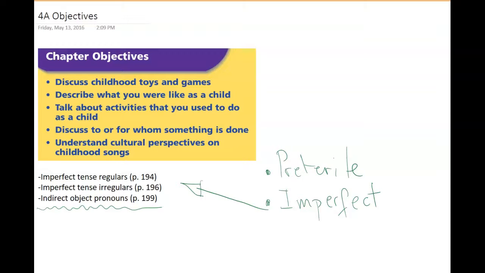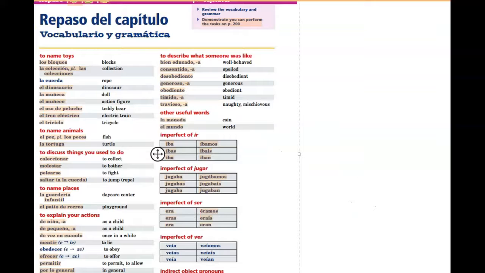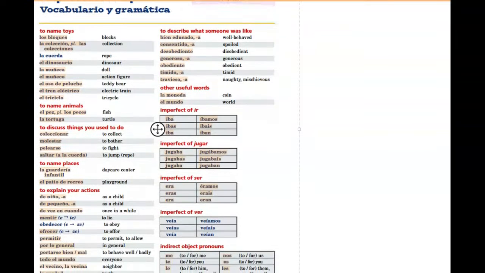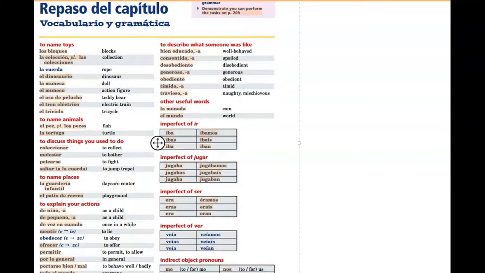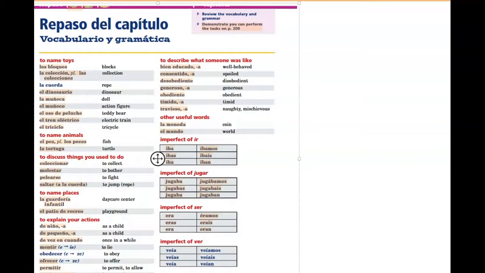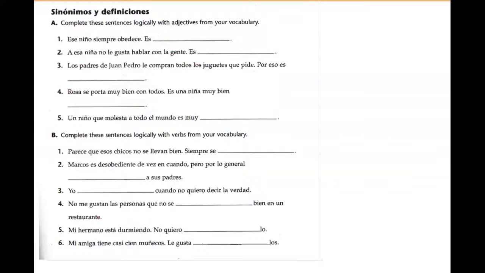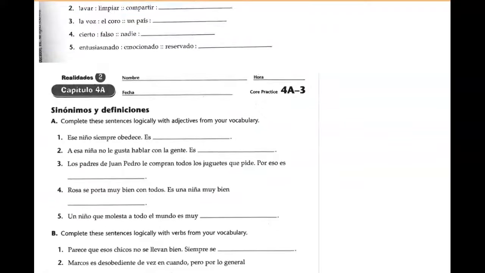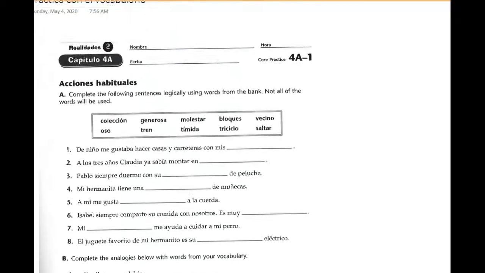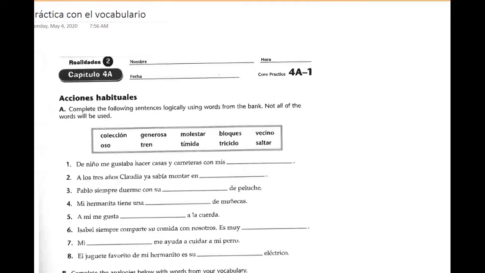So if you click on your vocab right here, you'll see the vocab list that we have for this chapter. And then what we're going to do today is practice with the vocab. You're going to click on the page called Práctica con el vocabulario right here.